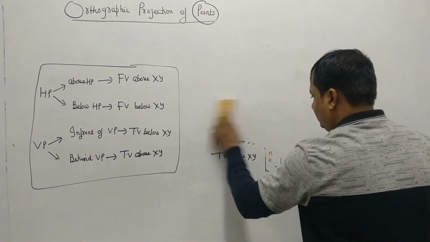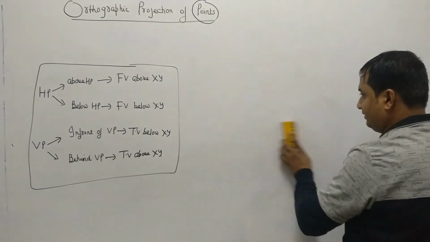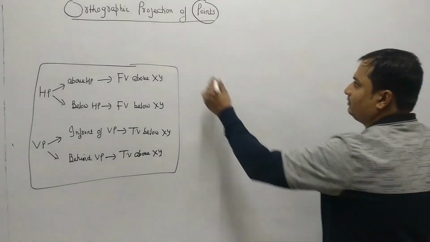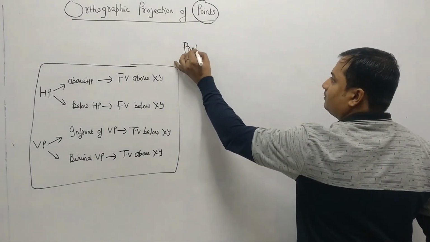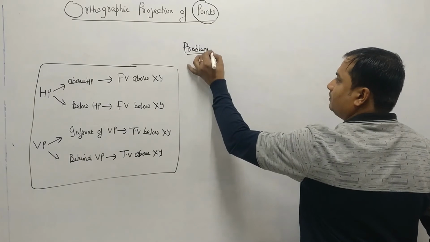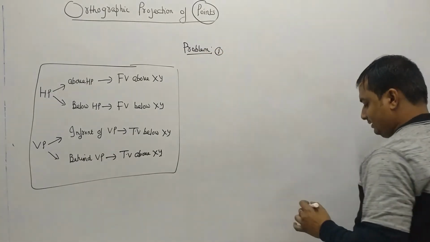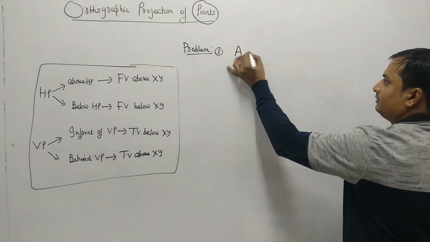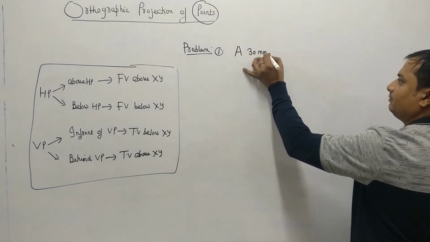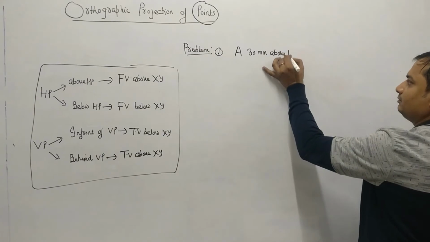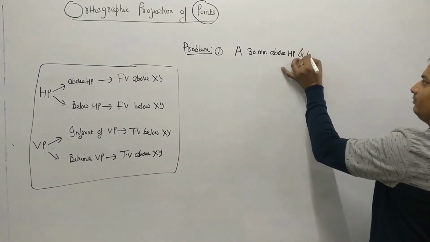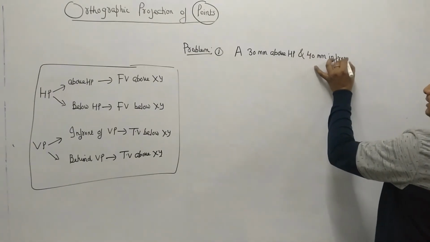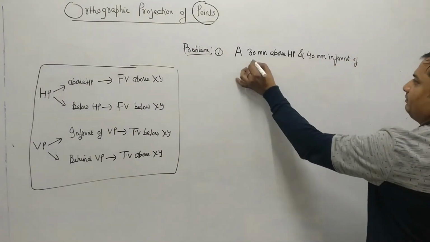So let's take one problem. It is given that a point A is 30 mm above HP and 40 mm in front of VP.